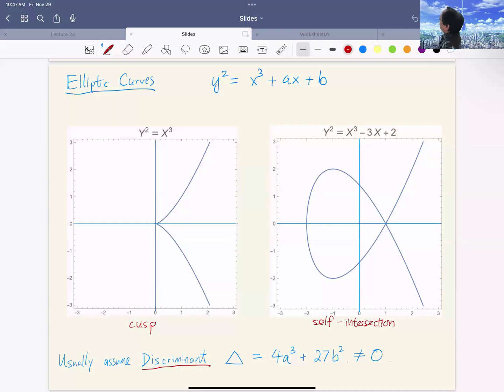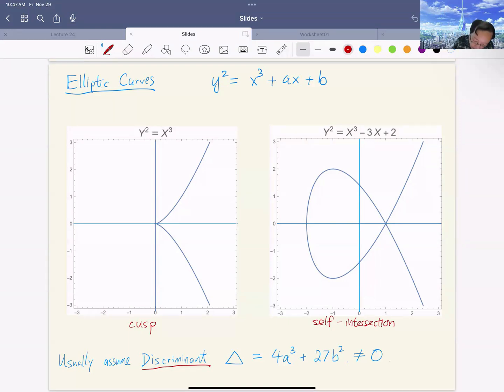You can write down the condition for this, and it turns out that it is equivalent to the discriminant delta, which is 4a cubed plus 27b squared, not equal to 0. Bad things happen when delta equals 0, which means the cubic has a double root, as in the usual quadratic meaning of discriminant. You don't want these things to happen in general.